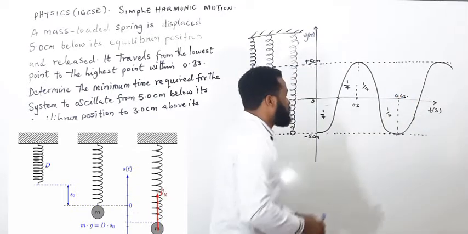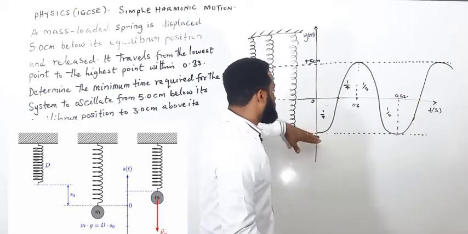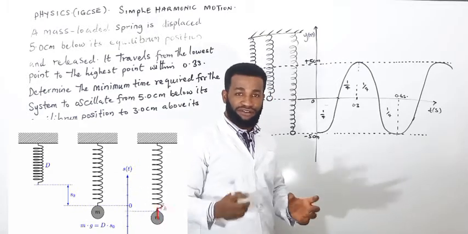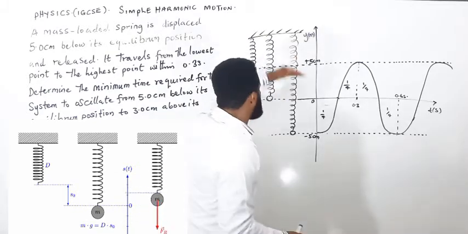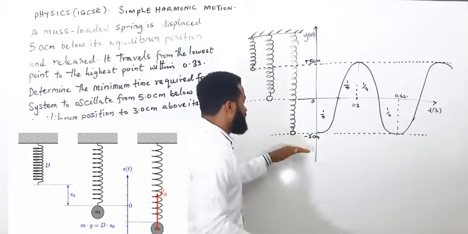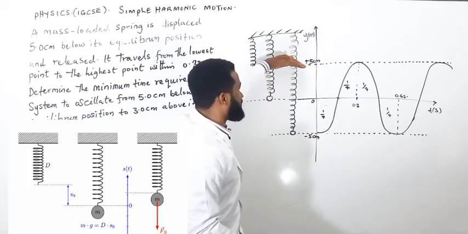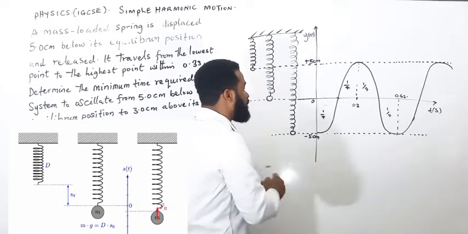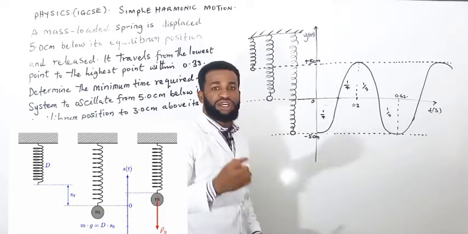seconds. What I mean is that for a complete oscillation, we are going to have 0.6 seconds. Remember, we started from here and released. It goes to this place at 0.3 and comes back here, 0.3. So one complete oscillation is equal to a circle.